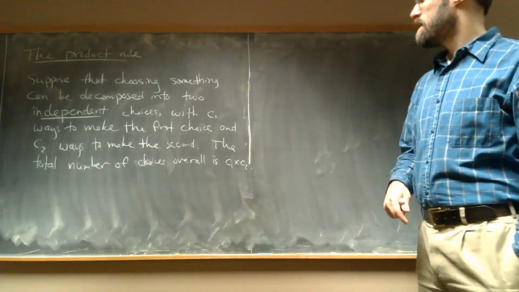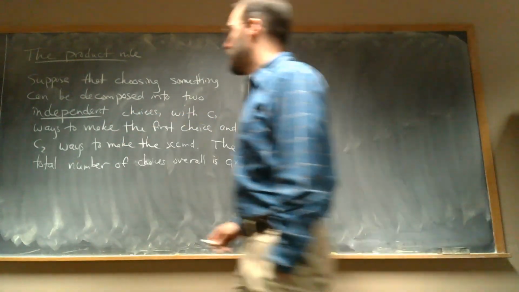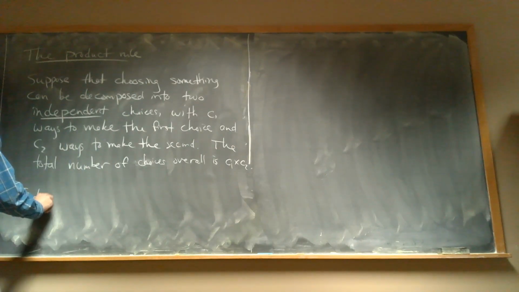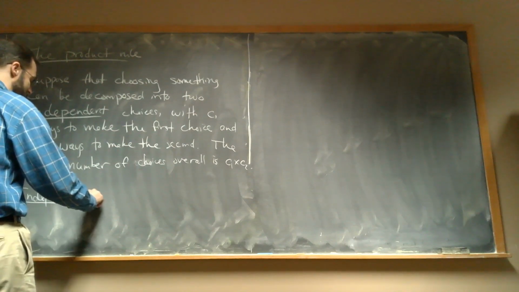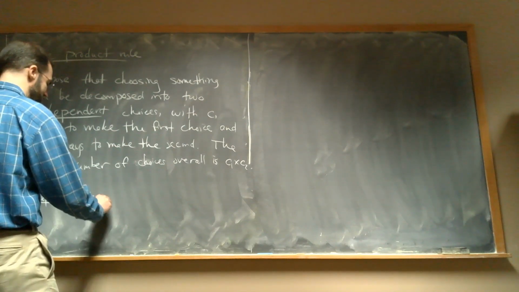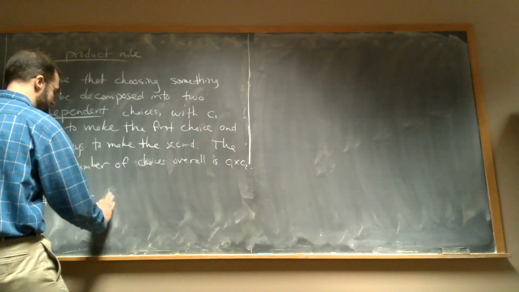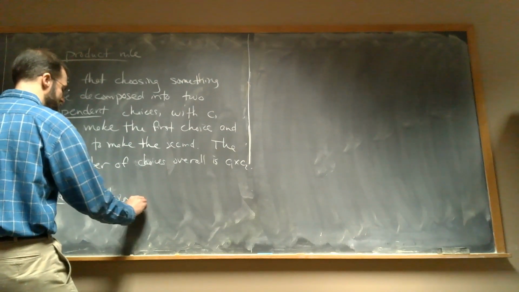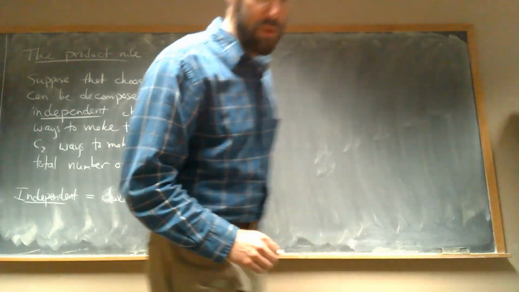The other thing to say is, what does this independent mean? And that's important because we'll see some examples later. So independent here means that I have these two choices, right? And the sets of choices don't change based on the other choice.